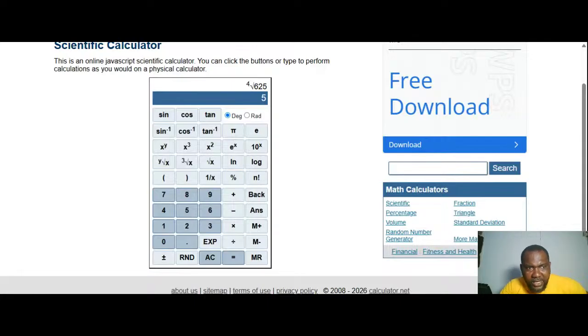Okay, did you guys see what I did now for fourth root of 625?